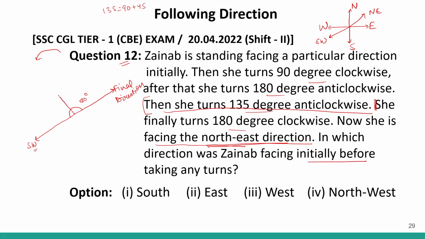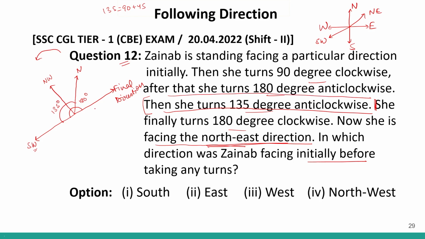So 90 degree will be here, which is the northwest direction. And this direction will be the north direction. This will be 135 degrees, correct? So from north, she moved 135 degrees in the anti-clockwise direction to reach southwest.